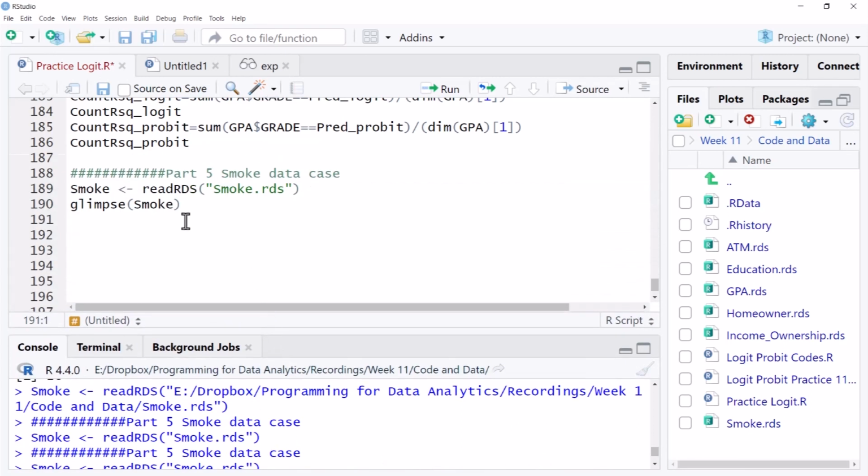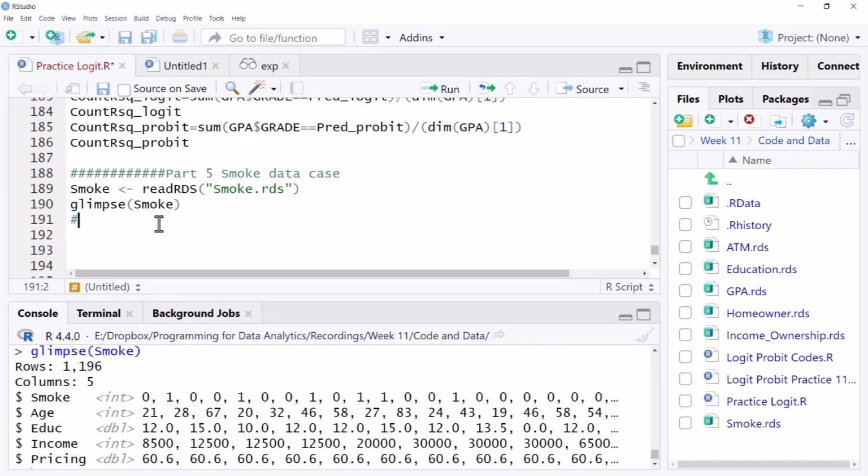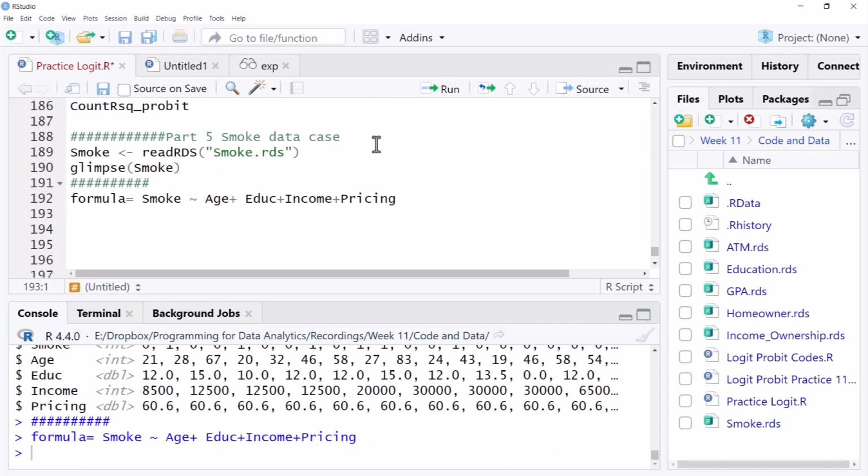First, we'll fit the logit and probit models. Let me write the formula first. In this formula, we want to model smoke as a function of age, education, income plus pricing. So these are the variables. This is the formula. We'll run both the models.